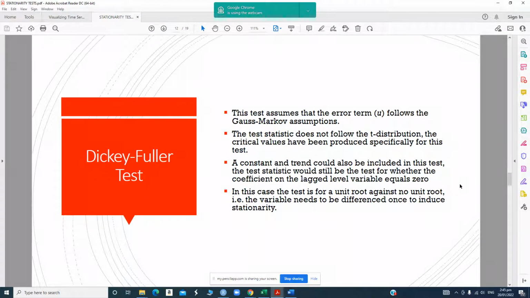The test statistic will still be the test for whether the coefficient on the lagged variable, that is the beta, is equal to 0. So in this case, the test is for a unit root against no unit root. That is our H0. Our H0 in this case is non-stationarity because that is what we either reject or not reject.